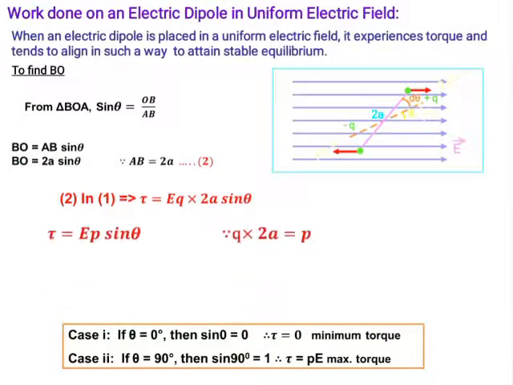Next step, tau is equal to EP sin theta. Why P here, when E and sin theta remain as they are? Because we studied the dipole moment: Q into 2A is equal to P, the dipole moment. Substituting this dipole moment value, tau is equal to EP sin theta.